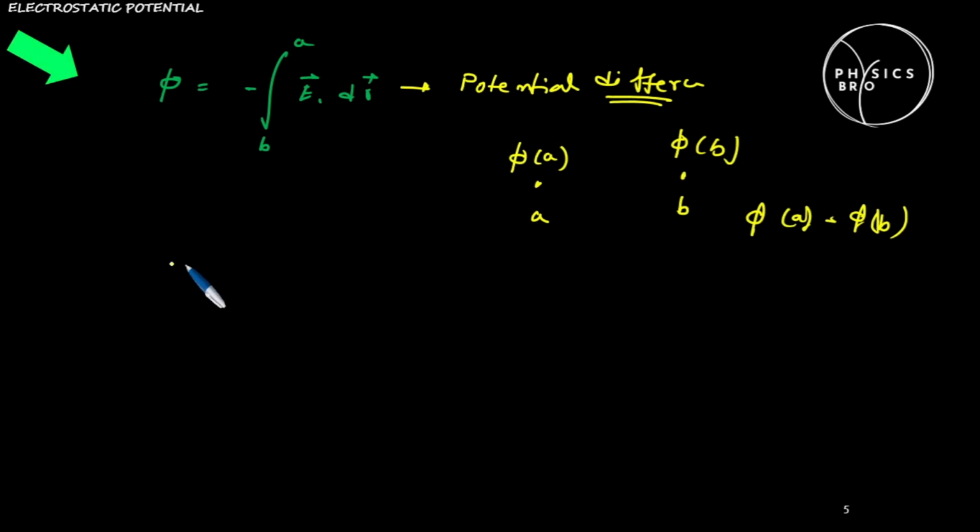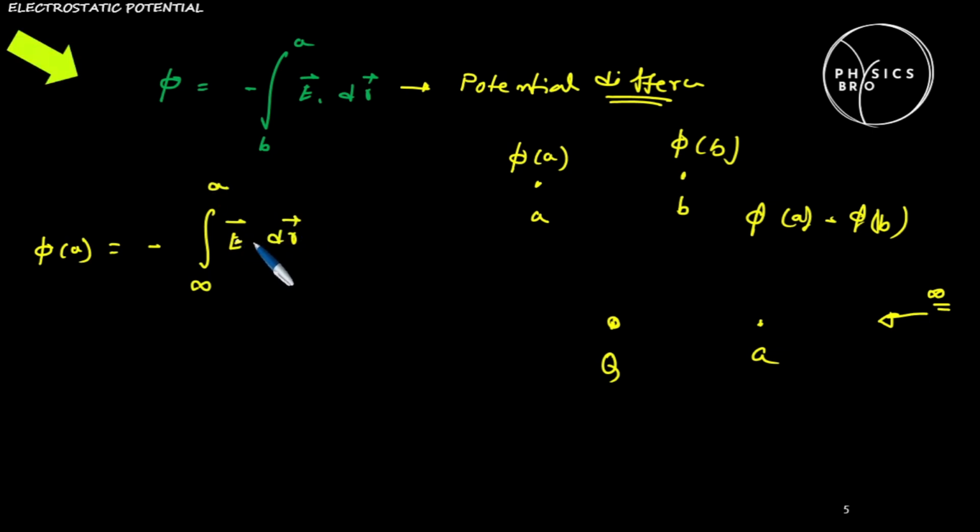For this reason, we will extend the idea that, say, there is a source charge Q and some charge is coming from infinity to some point A. So what will be the lower limit? The lower limit is infinity. So phi A is defined as minus of the integral from infinity to A of E dot dr.